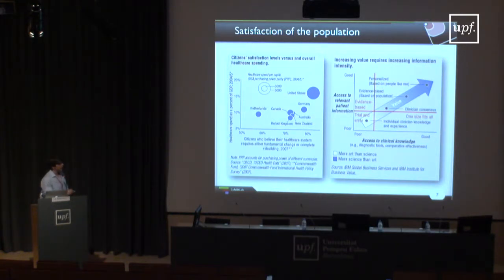And they tried to explain that with this plot, in which you see not only the tools that a person can have to diagnose, but also the information that we know about the disease. So here, for instance, we don't know anything about a disease, and we don't have any tool to get information about this patient. So we do trial and error, because if we don't know the disease very well and we cannot obtain patient-specific data, we cannot treat it properly.